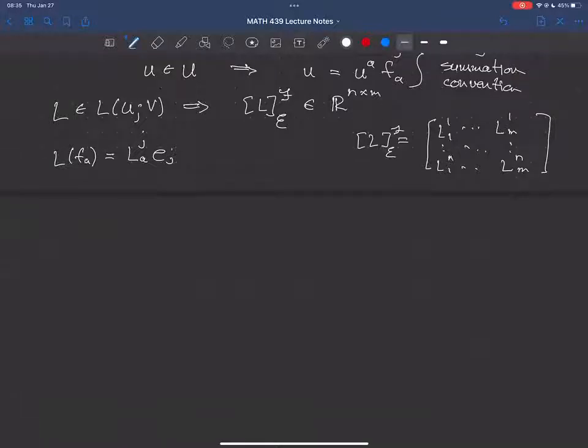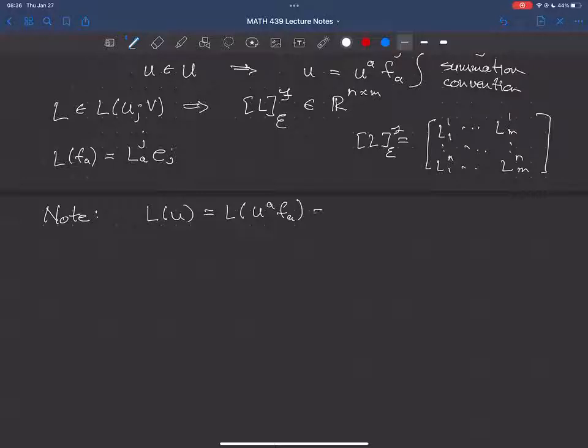Okay, and so notice, let's say I want to write down in index form L of U. My map goes from U to V. Okay, so I take any vector U in U, and so I write this as L of U^A F_A, because every vector U can be expressed as a linear combination of the basis vectors.